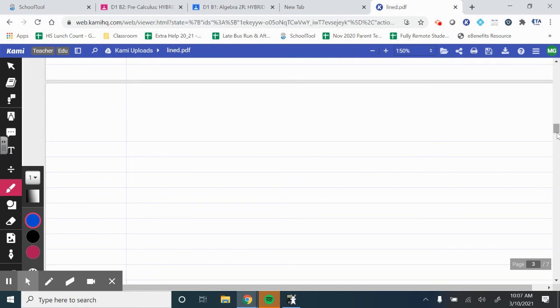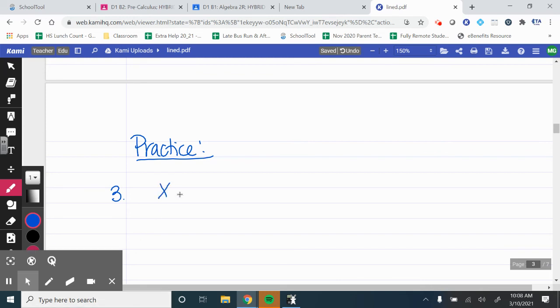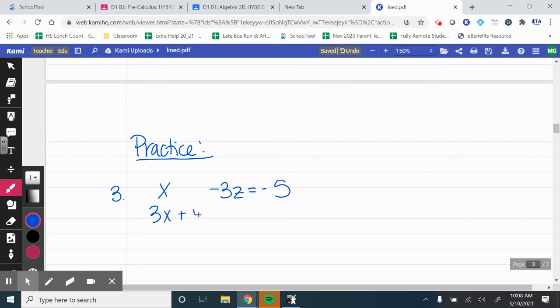And then I'd like you guys to do a couple of practice problems. So the first one, we'll call this number 3 then, is x, and then, so no y, minus 3z equals -5, 3x plus y minus 2z equals -4.